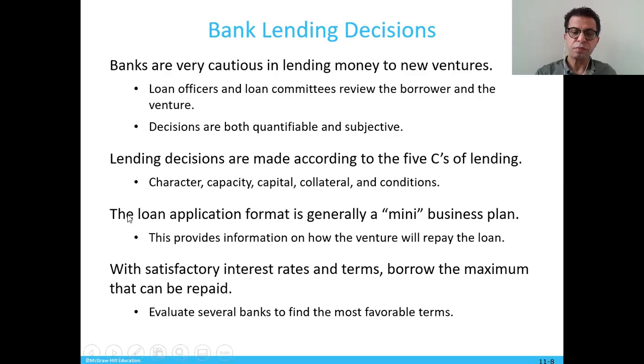So the loan application format generates a mini business plan. When you're asking for a loan from a bank, once again, you have to do a mini business plan, because they need information on how the venture will repay the loan. They want to see how you're going to pay them back with satisfactory interest and terms.